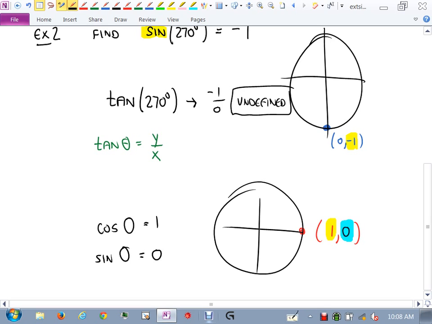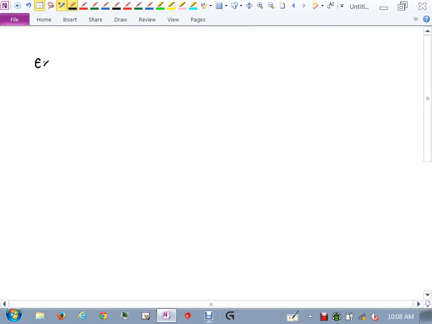Now things can get a little messy. Let's take a look. What if you have something like, what's sine of -13 pi over 6?